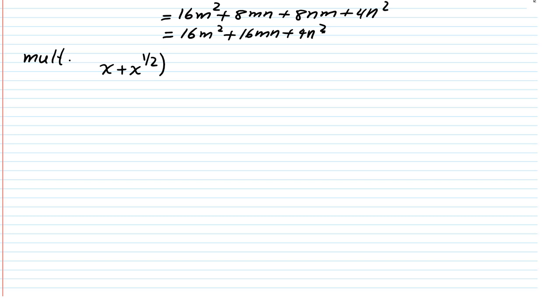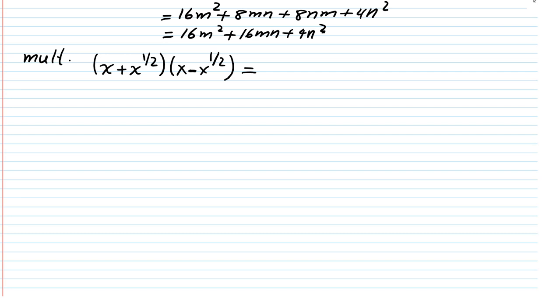So I'm going to do x plus x to a half times x minus x to a half. Okay, so we can, again, FOIL these together. That's 1/2. So we can do first, outside, inside, last, or we can go difference of squares. Difference of squares, because these are conjugates.